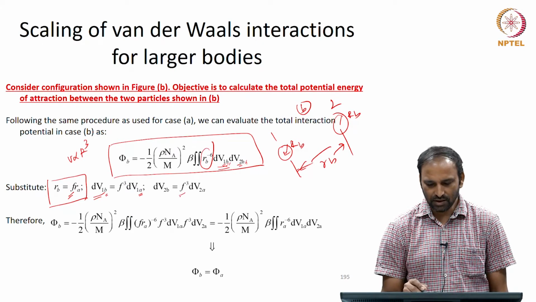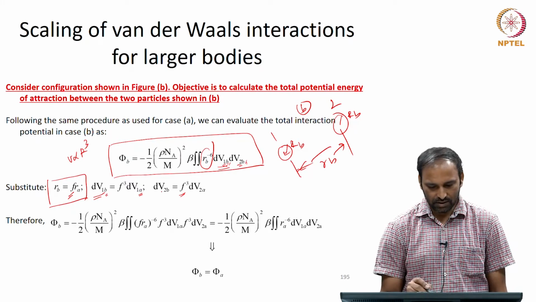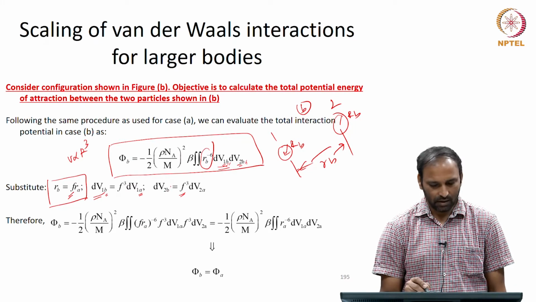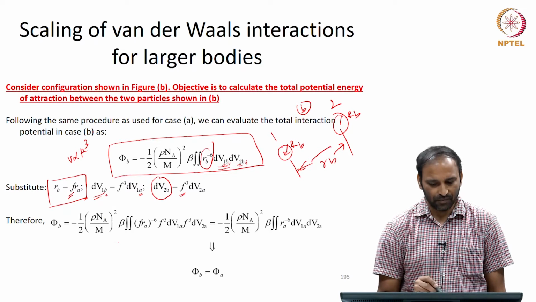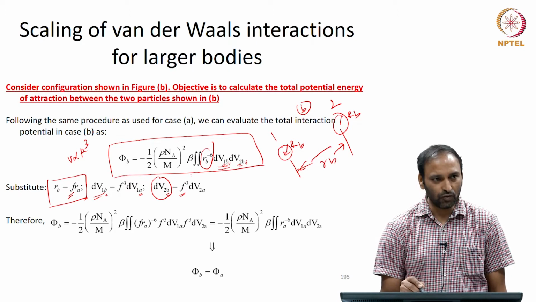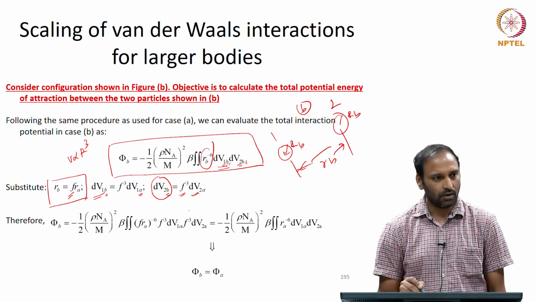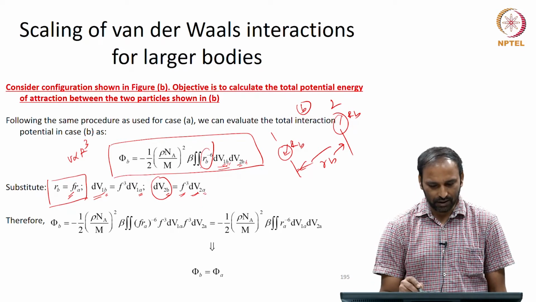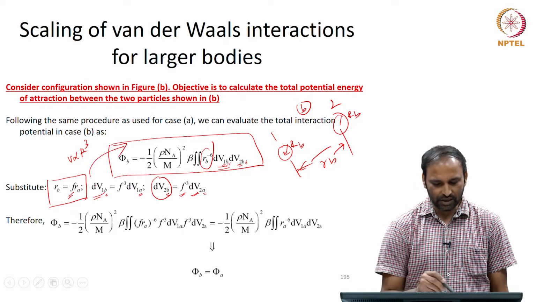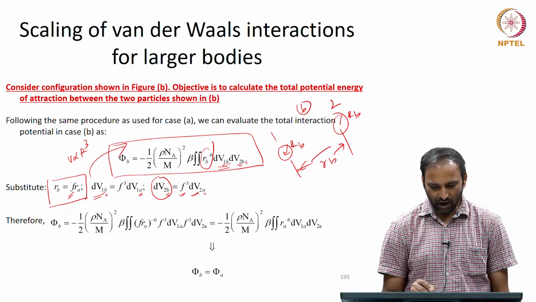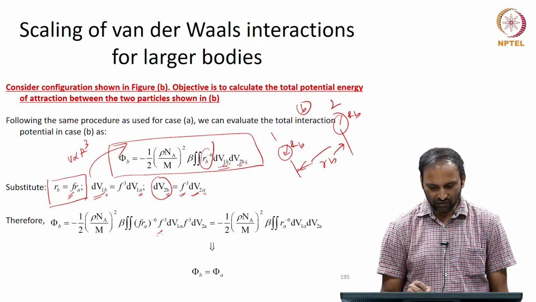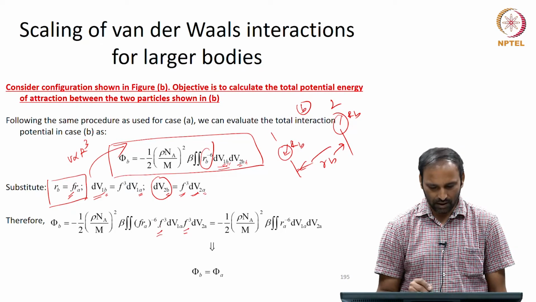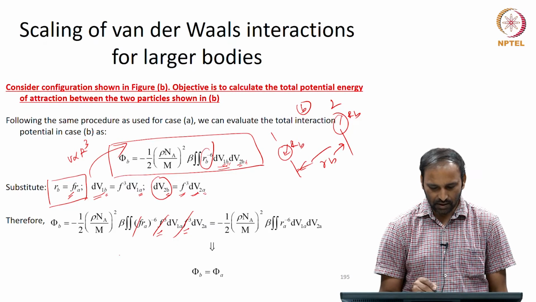Similarly, dV2B, the differential volume V2 that I have considered in case B, is a factor f cube times the differential volume in A. If I put them back into this expression, I have f R_A to the power minus 6, there is f cubed, so this essentially gets cancelled.